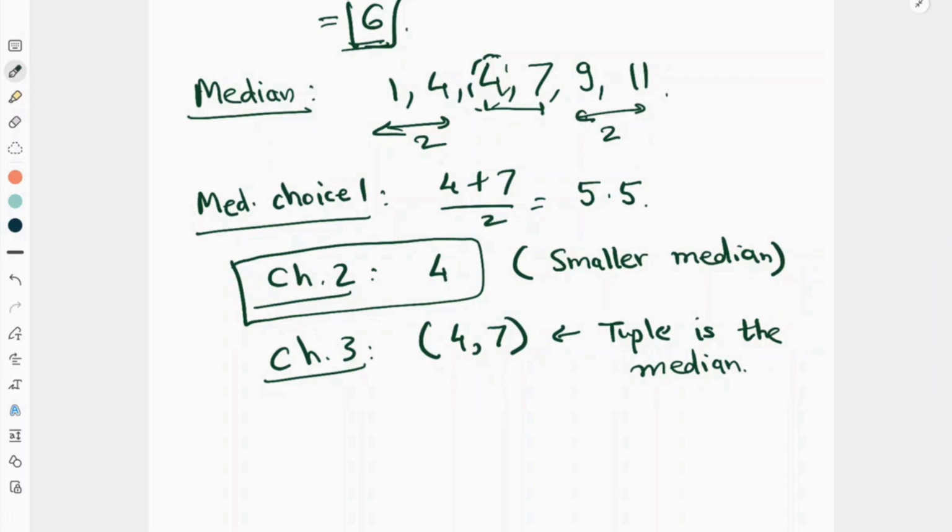So that's not ideal sometimes. And the third one, again, it's 4, 7, but we expect the median to be a number usually and not two numbers. So it's not obvious how to convert these two numbers into one number. I like the second choice personally. If there are two middle numbers, I'll always take the smaller of the two, but it depends upon the context.